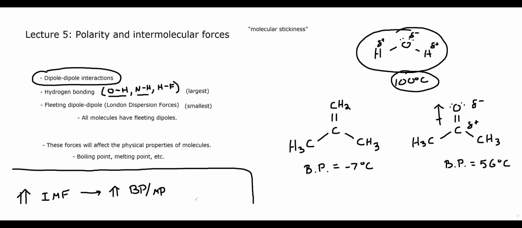Okay. If we increase the amount of intermolecular forces, we're going to have an increase in boiling point or melting point, right? And thinking about it qualitatively makes sense because as we increase the number of interactions, we increase that molecular stickiness, the attractive forces. Those molecules are going to be less likely to separate into a liquid or separate into a gas.